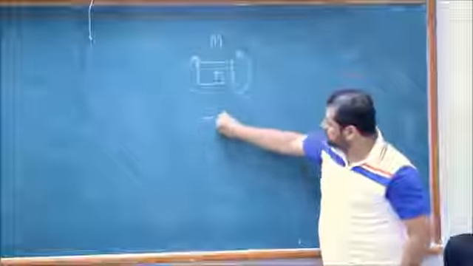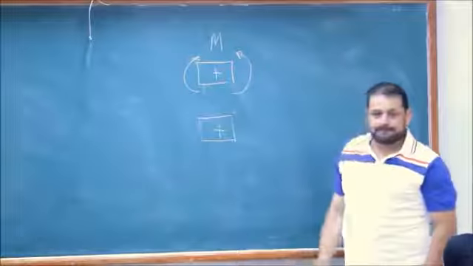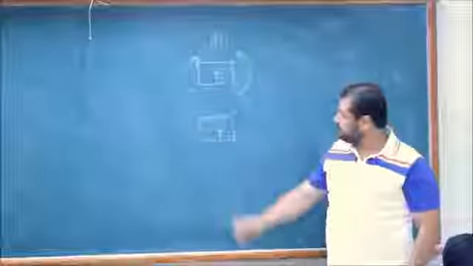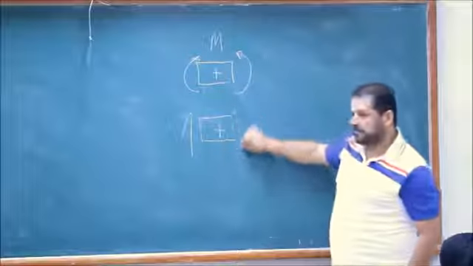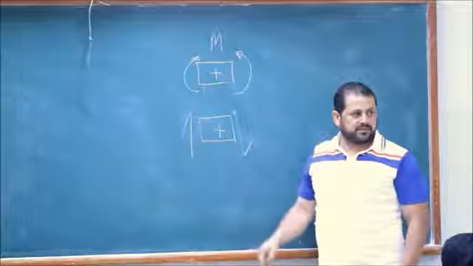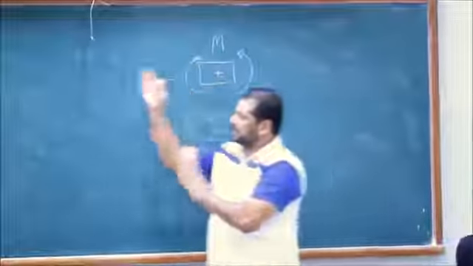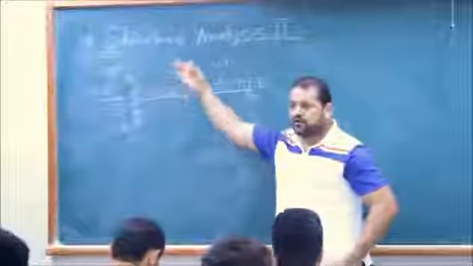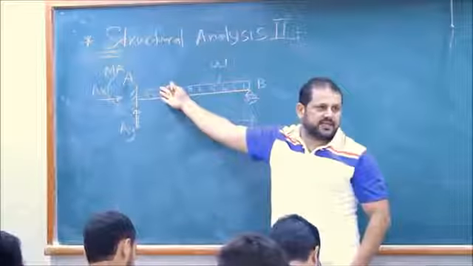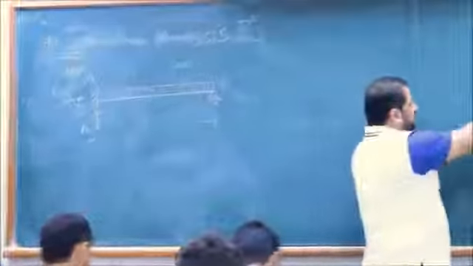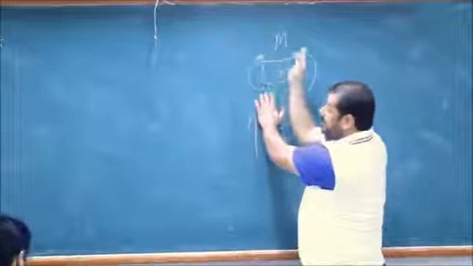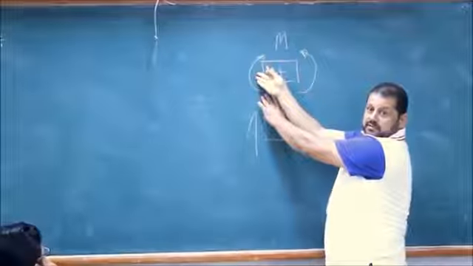Shear: up and down. Moment: clockwise. So you take a cut, and you look at the shear, moment, and axial force. If the moment is in this direction on the left-hand side cut, it's positive.